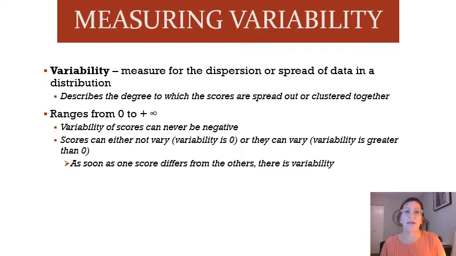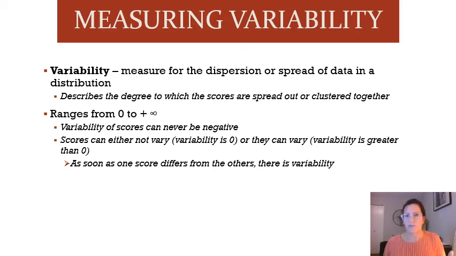aspects or measures specifically. So with variability, we can have any number from 0 to infinity, but it can't be a negative number. So it doesn't make any sense for variability to be a negative number. So either they vary or they don't vary.